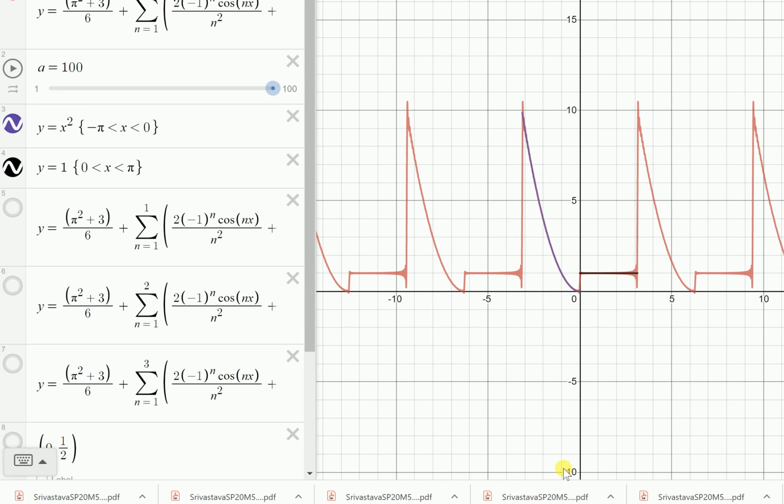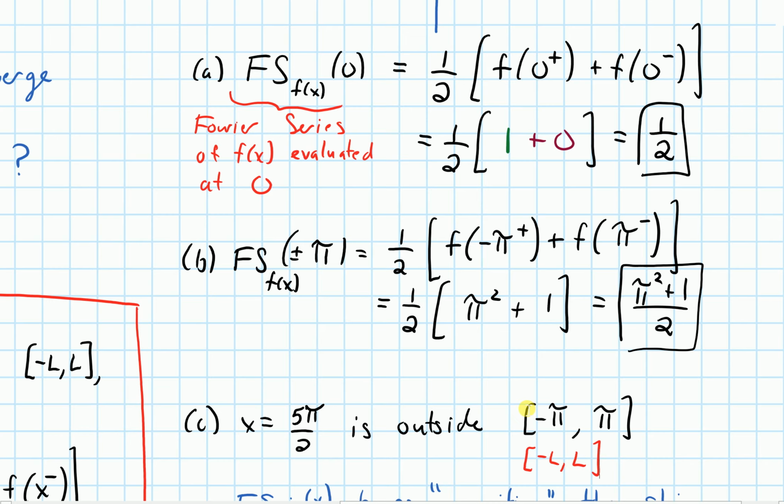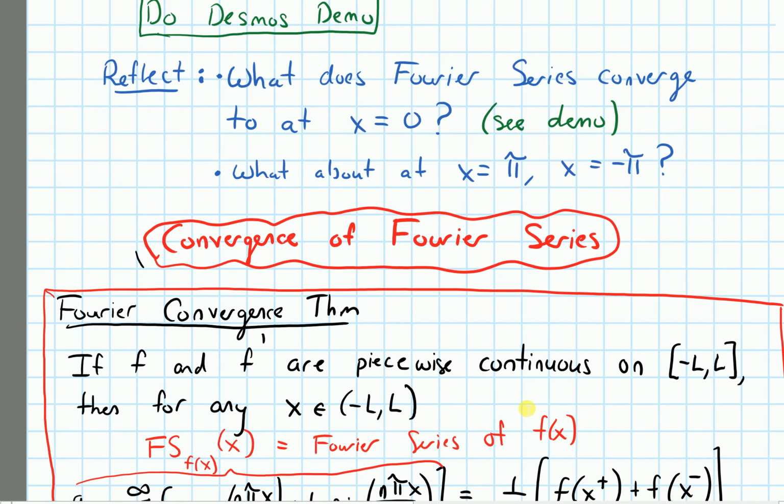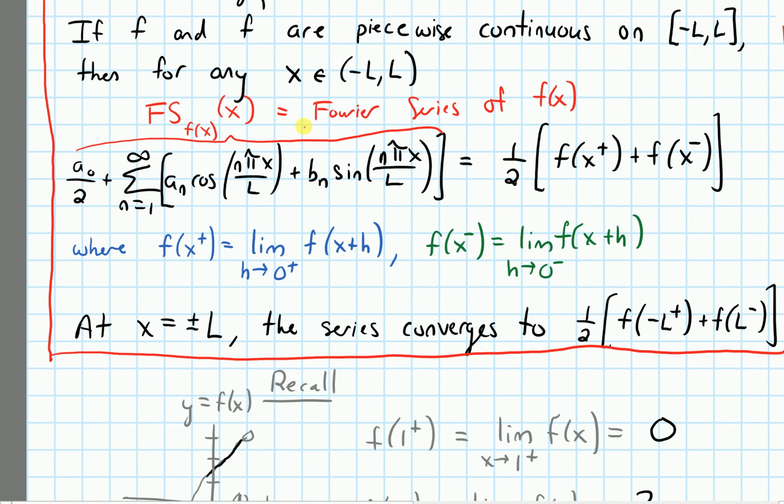The reason for that is that the formula for the Fourier series involves summing a bunch of cosine and sine terms. They are periodic; they repeat, they oscillate. So the sum of a bunch of periodic terms is also going to be periodic. That's what we're noticing.